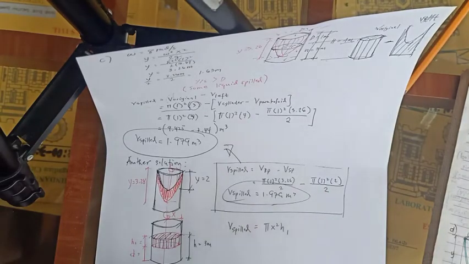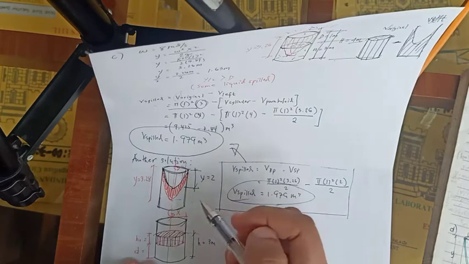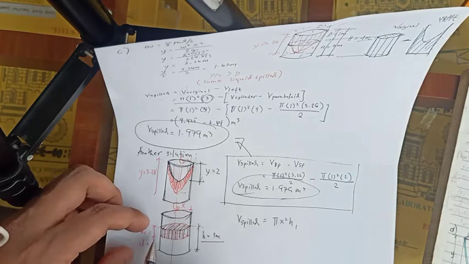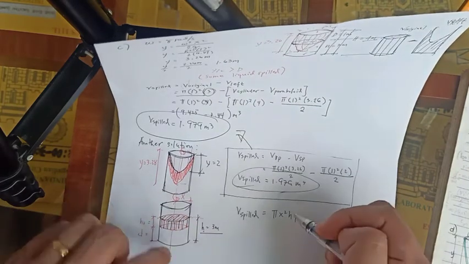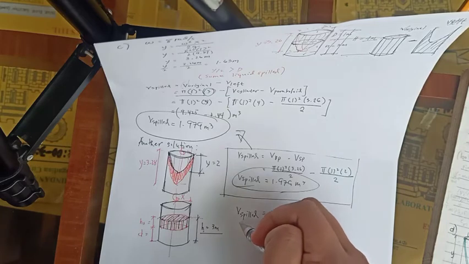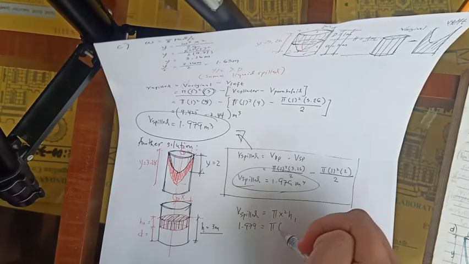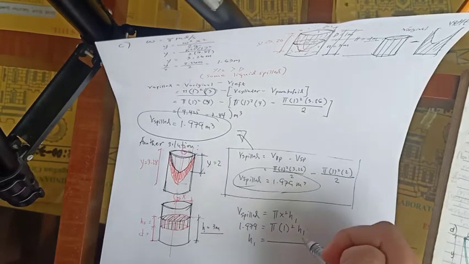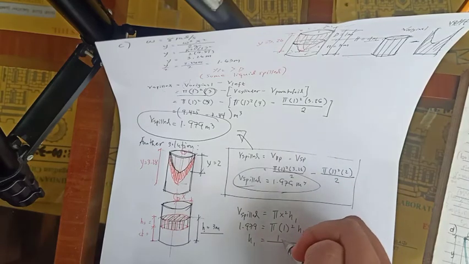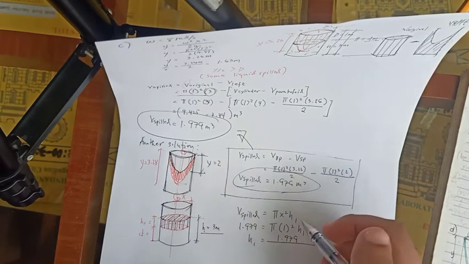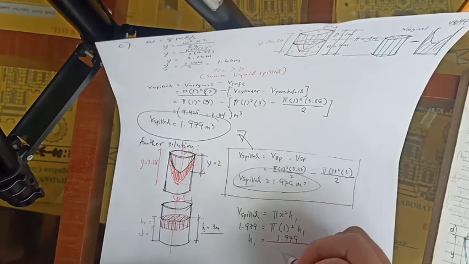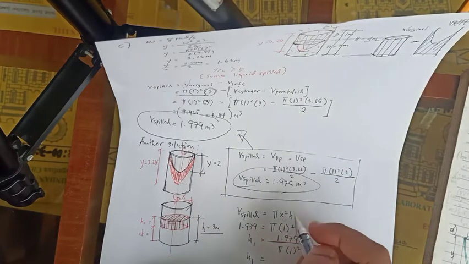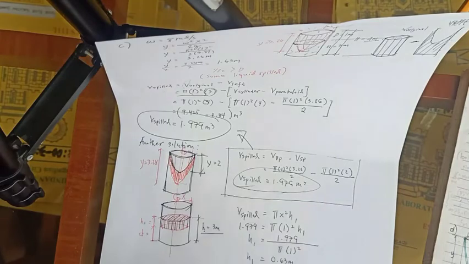We need to find h sub 1, given the small h, and if we subtract h sub 1 from h, we get d. So we have V spilled which is 1.979, and pi x is 1 squared and h sub 1. We cross multiply, therefore we have 1.979 over pi 1 squared. So h1 equals 0.63 meter.